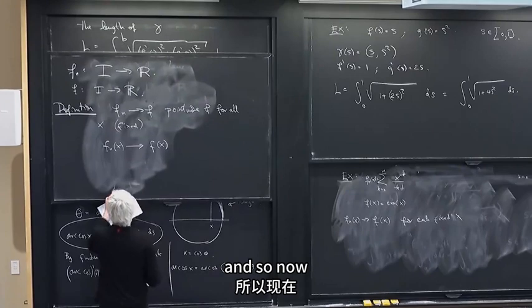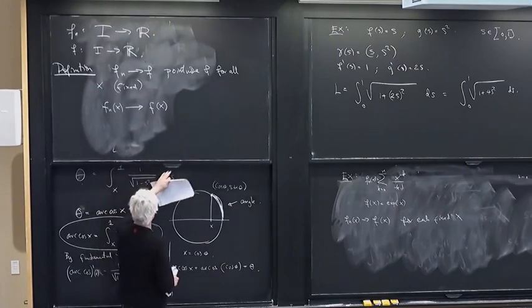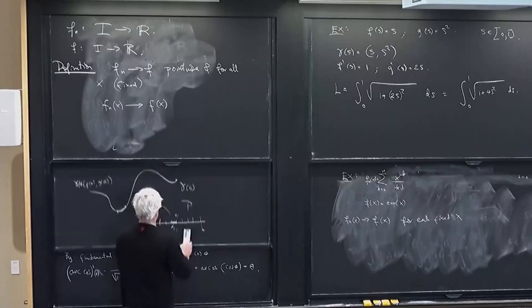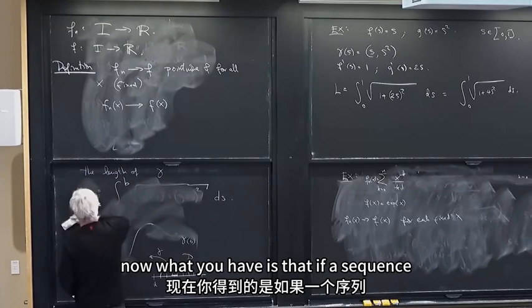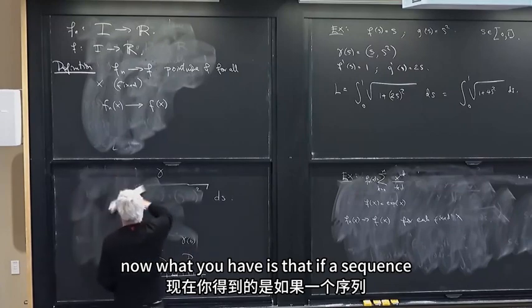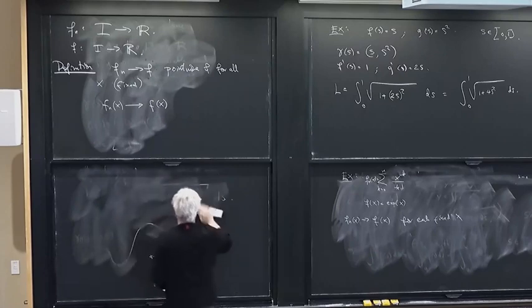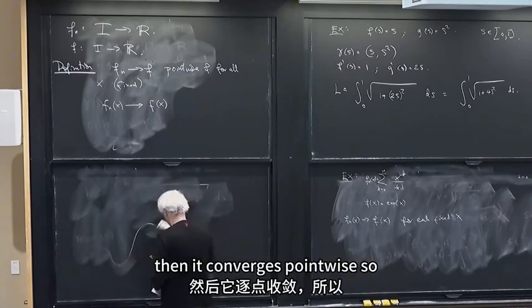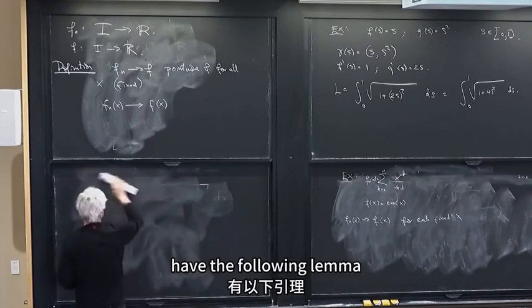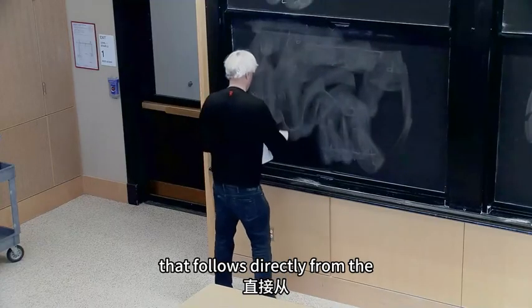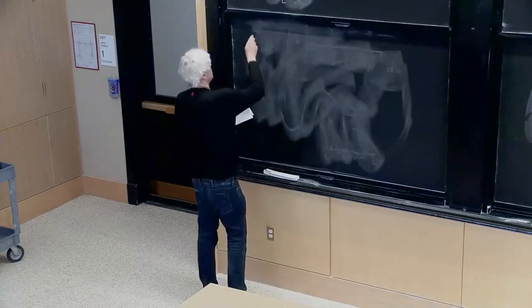And so now, what you have is that if a sequence converges uniformly, then it converges pointwise. So you have the following lemma that follows directly from the definition.